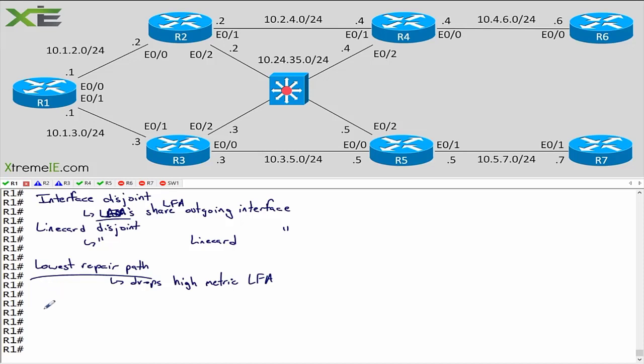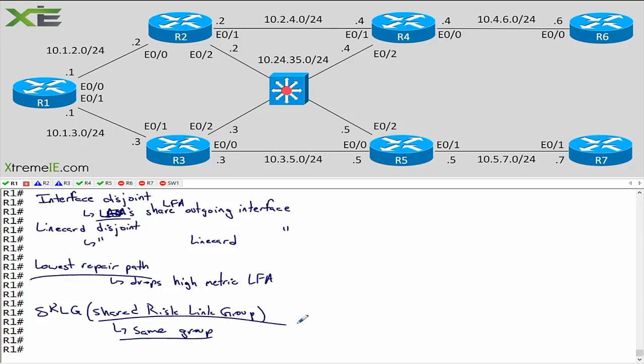The last one is the SRLG, and I think that stands for Shared Risk Link Group. What this essentially does is you can put your interfaces in a grouping, and it will not use the interfaces that are in the same group for the same LFA for those same prefixes.